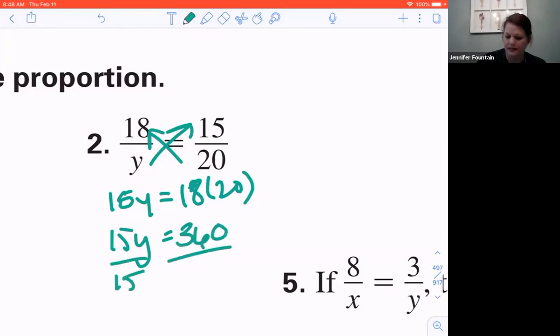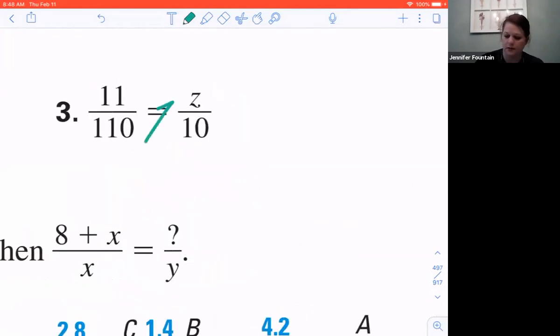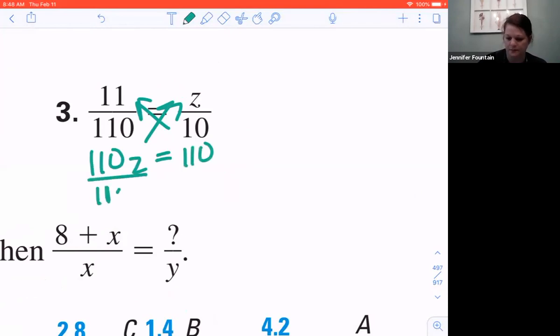Divide by 15, divide by 15, and y equals 24. And then the last one, 110 times z, 11 times 10. So I have 110z equals 110. Divide by 110, and z equals 1.